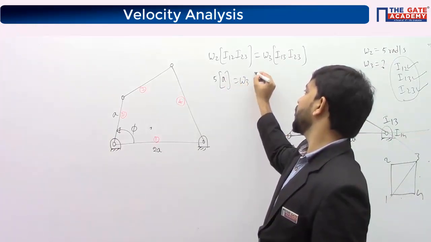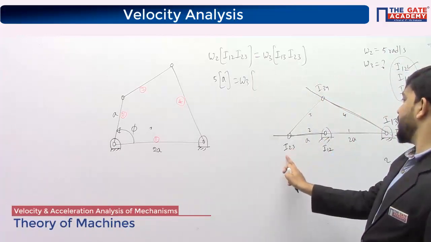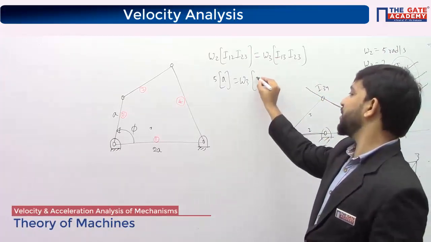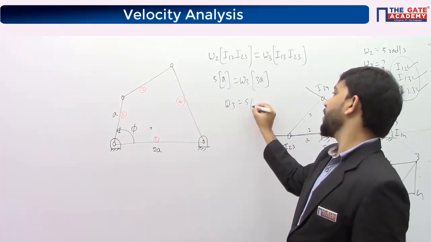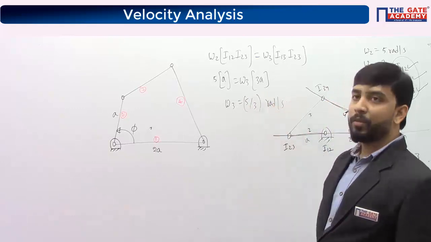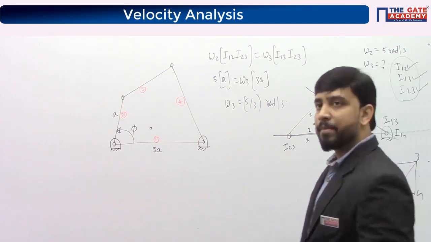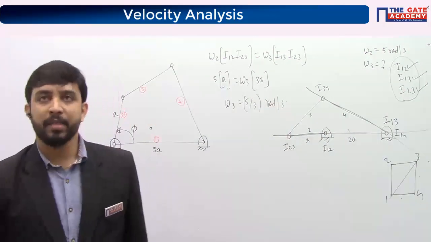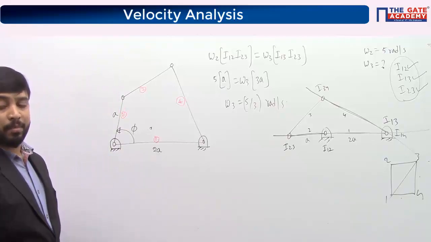So omega 3 into distance between 1, 3 and 2, 3. This total distance is 3a units. Omega 3 is 5 by 3 radian per second.